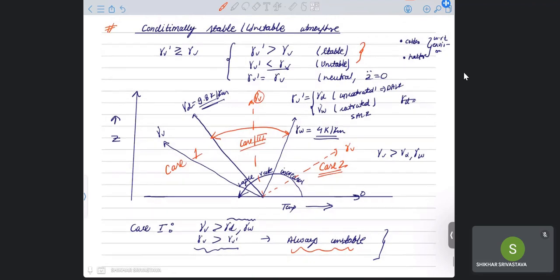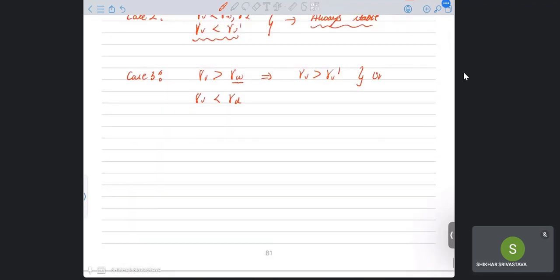That is unstable. Then the parcel will be unstable.